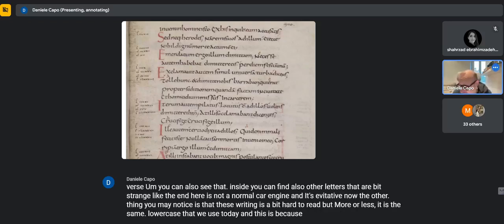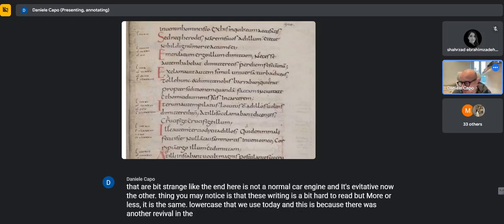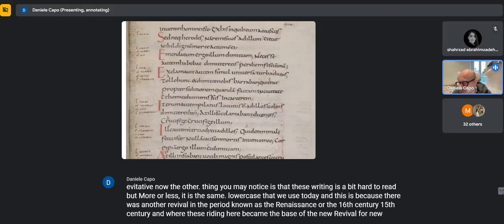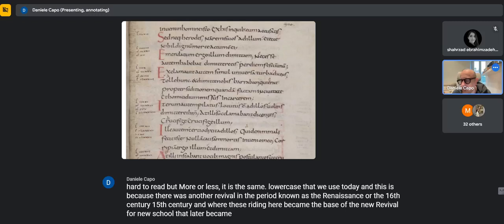And this is because there was another revival in the period known as the Renaissance, the 15th and 16th century, where this writing became the base of a new minuscule that later became the basis for the typographic lowercase.